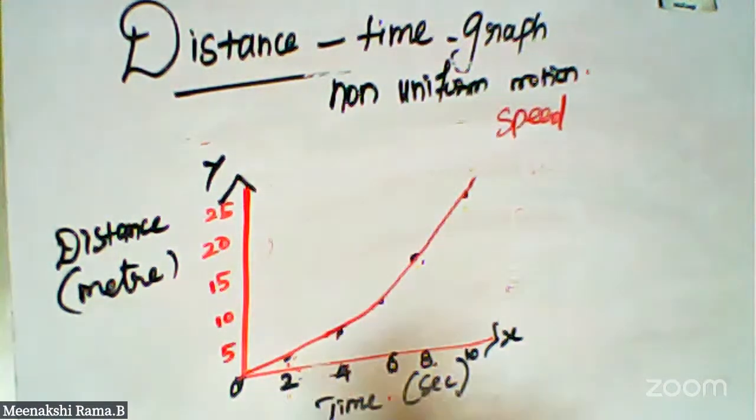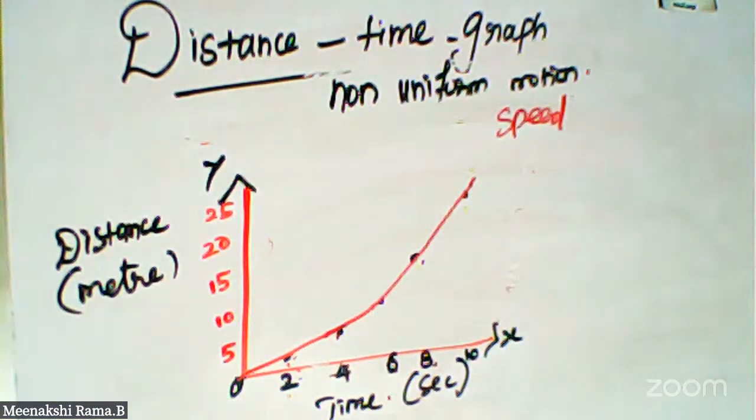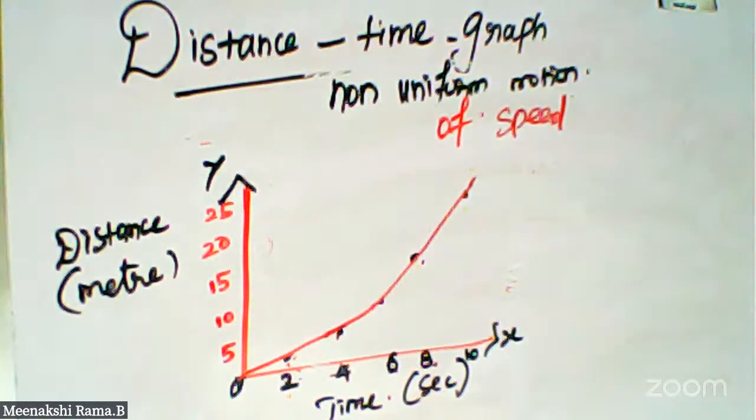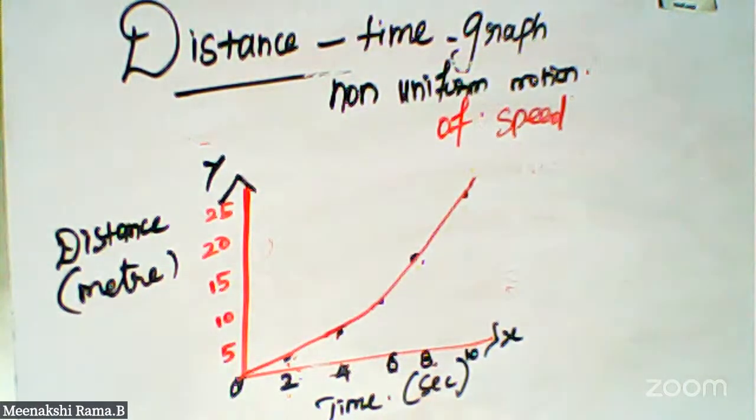So this graph expresses the non-uniform motion of speed. Okay. So is that clear, students? Yes, we can understand the uniform speed as well as the non-uniform. That is the distance time graph of uniform motion as well as non-uniform motion.